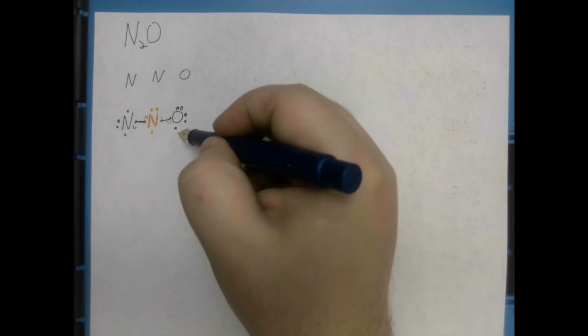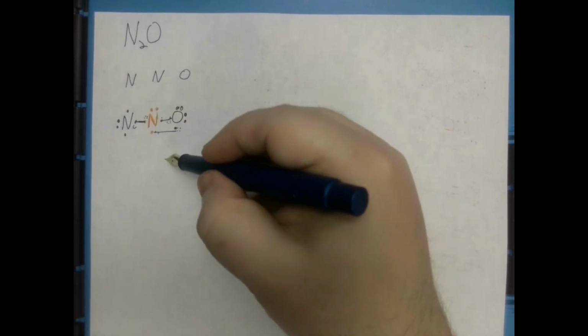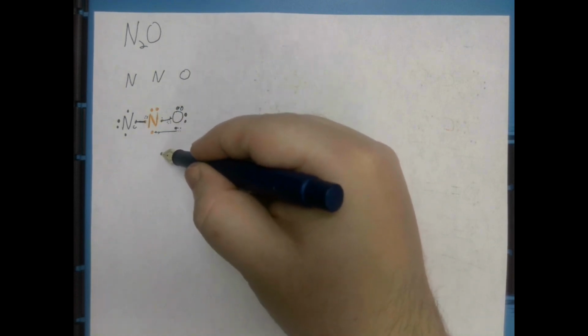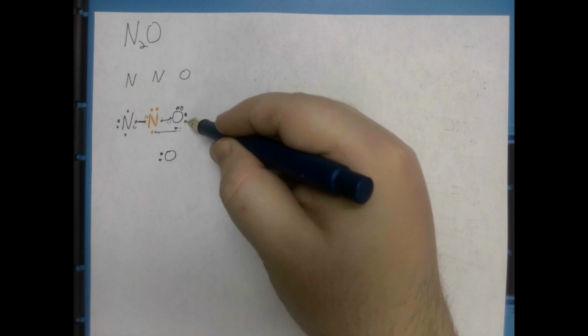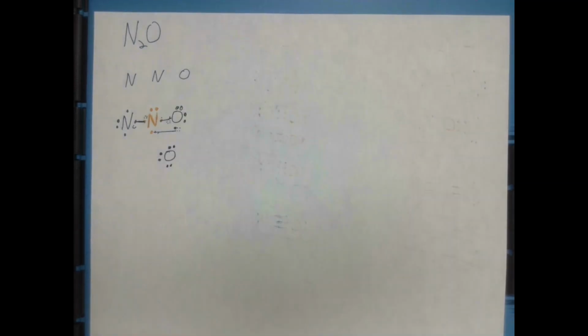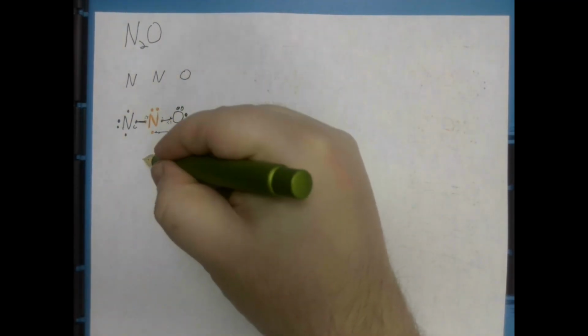Connect that with a bond. Missing spot here, missing spot here. I can connect these two with a bond. So what I end up with is oxygen is going to share 2 of its electrons, which means these 2 will be left on the side, while nitrogen shares 2 of its electrons back.